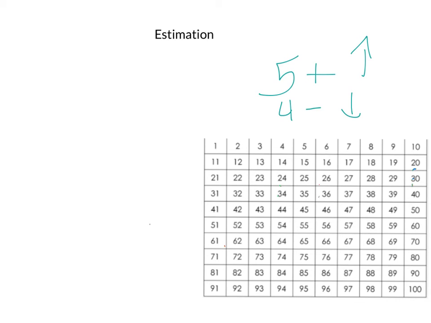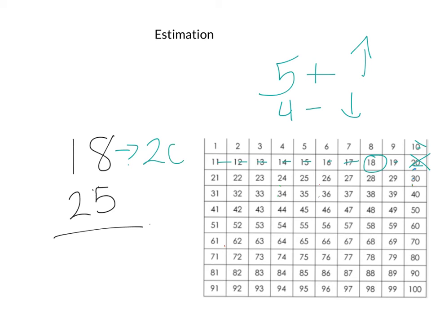Let's say I had the numbers 18 and 25. On my numbers chart, 18's right here. It's in between 20 and 10. 1, 2, 3, 4, 5, 6, 7, 8 numbers to get to 10. 2 to get to 20. 18 rounds to 20.